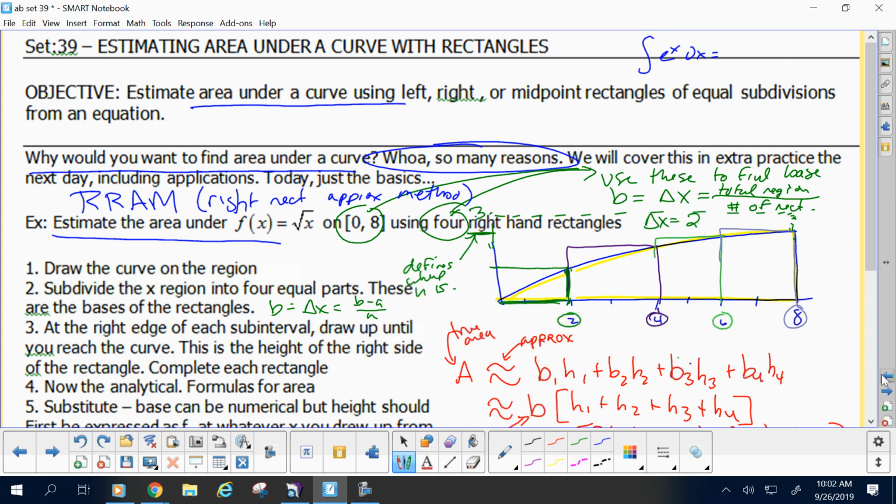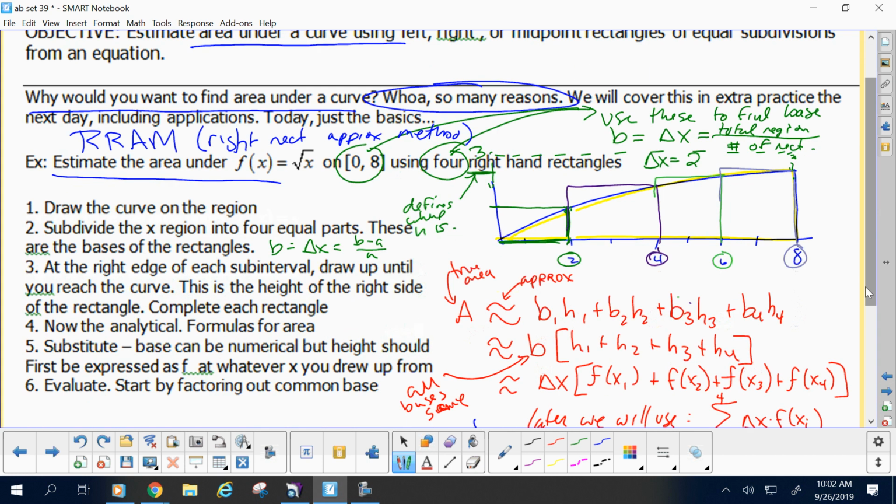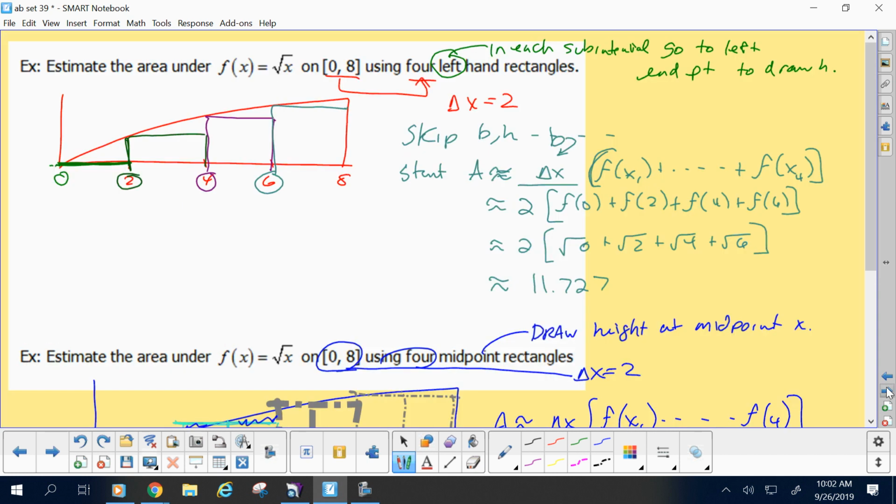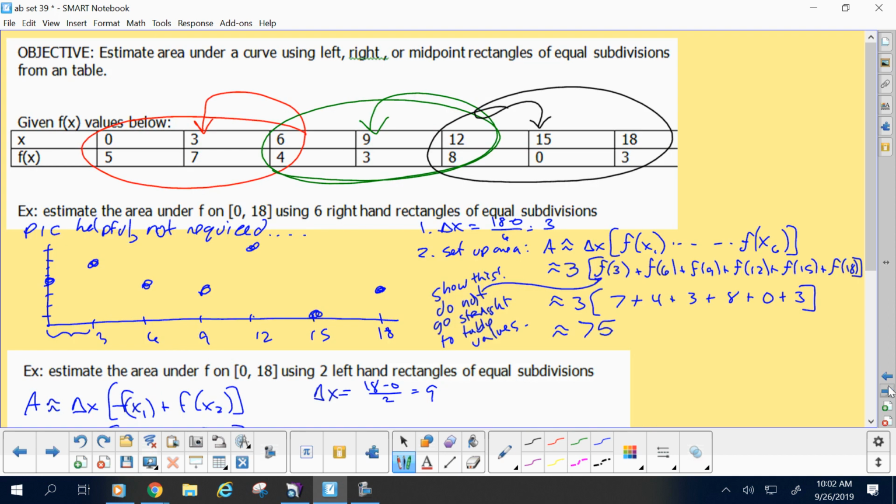So if you go to college and they use the abbreviation, hey, use RRAM to estimate an area, that's the right-hand rectangle approximation method. The other one obviously is LRAM. And the midpoint is MRAM, midpoint rectangle approximation method.